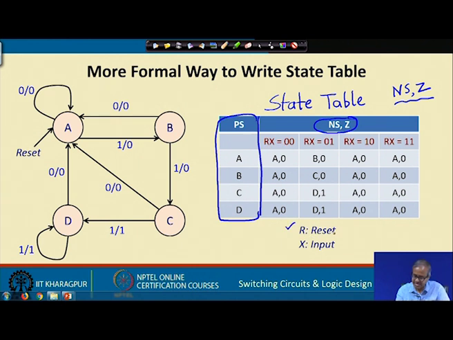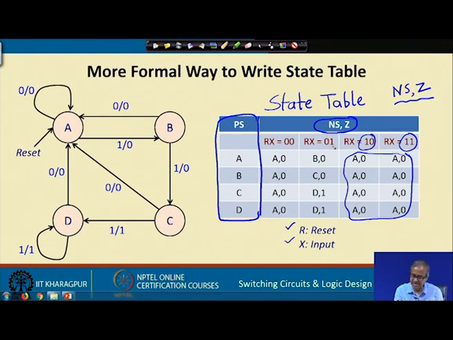R represents the reset input, x represents the actual bit that is coming, the actual input. Whenever R is 1, that means you are resetting. So, you can see the third and fourth columns where R is 1. Your next state is becoming A because it is reset to A and the output is also 0. So, you are resetting the system here.